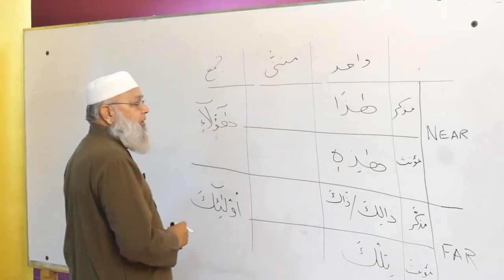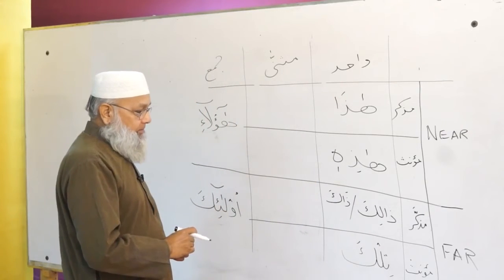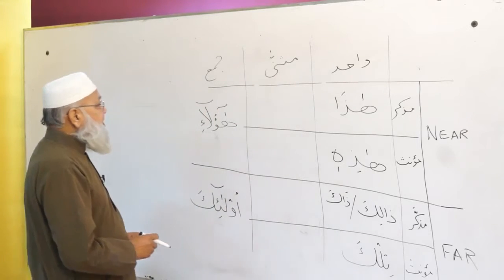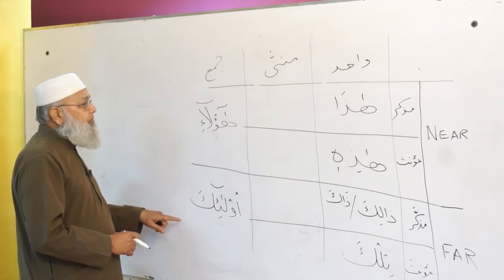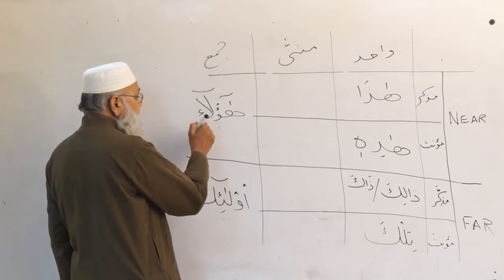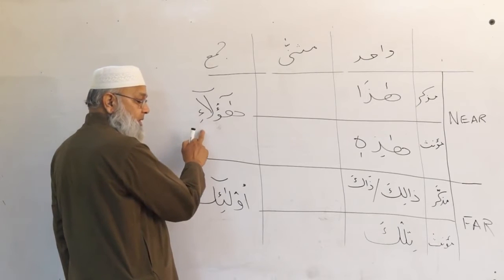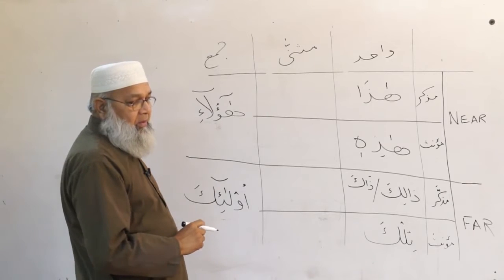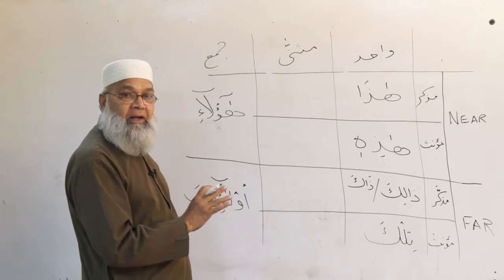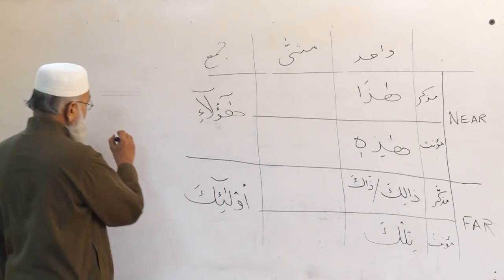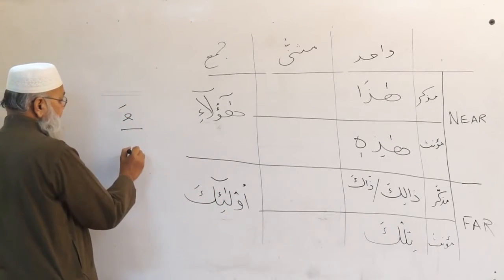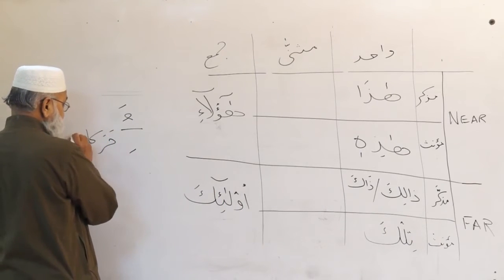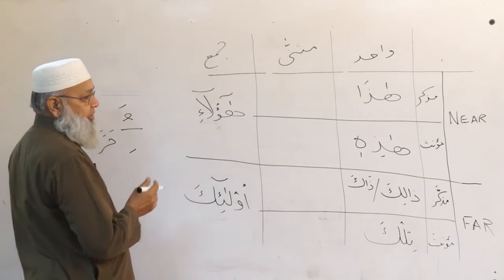And the feminine form will continue to be hadihi. Similarly, zalika, zaka and tilka, and the plural form haulai, ulaika. This haulai doesn't mean it is jar form. Remember, from the very first day we are talking about the i'rab and harakat to be different things. Dhamma, fatha, kasra, these are harakat, movements. I'rab is something different.